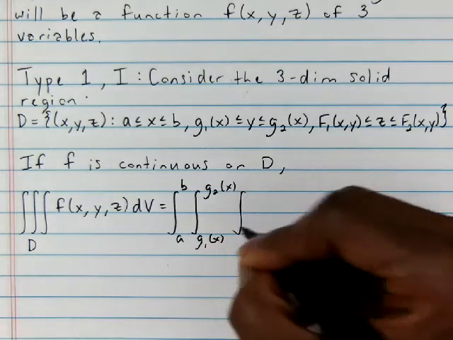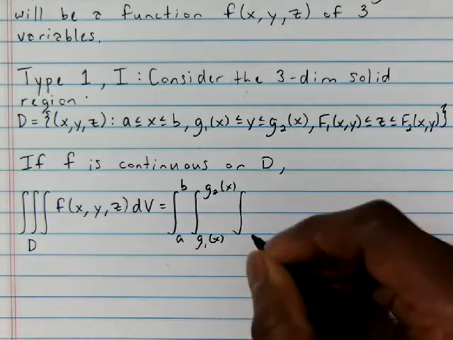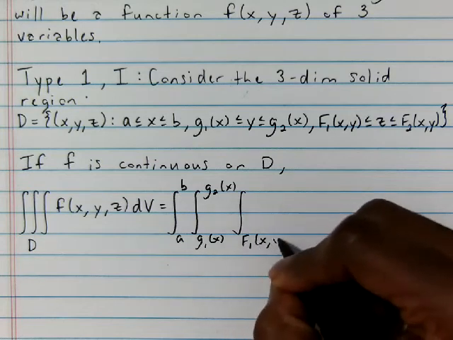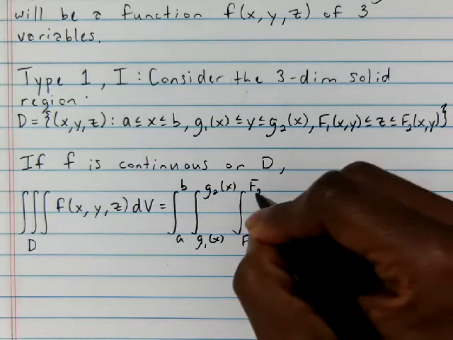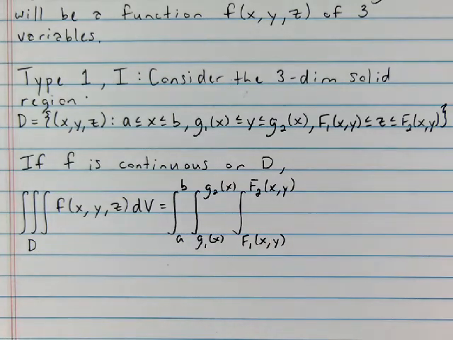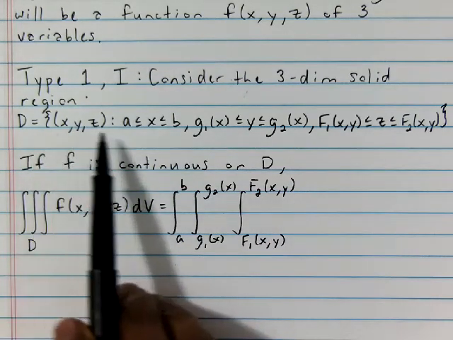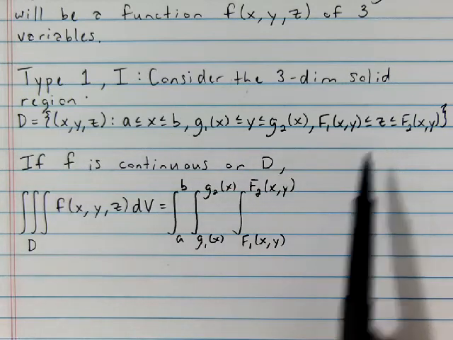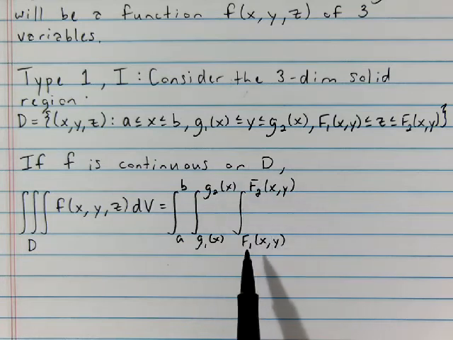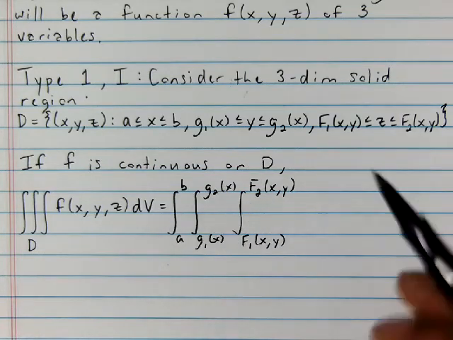Function of two variables has to go on the inside, f sub 1 of x y to f sub 2 of x y. So if you had been writing your regions down for functions of two variables, it makes it easy to transition to setting up your integral for a triple integral.